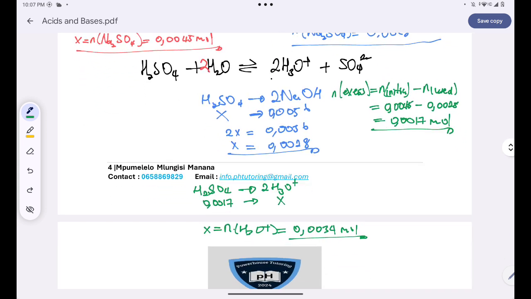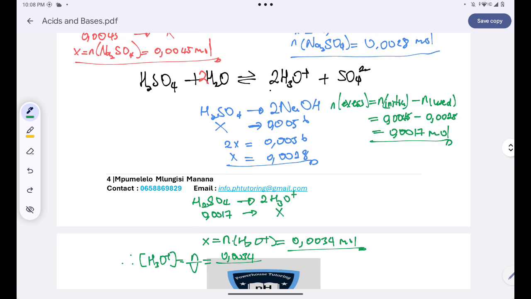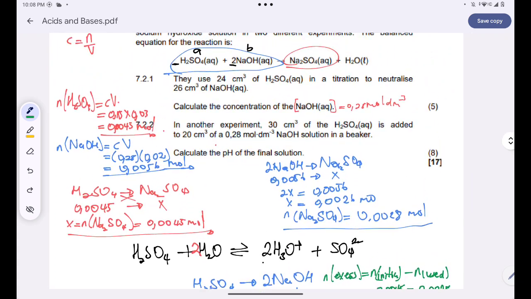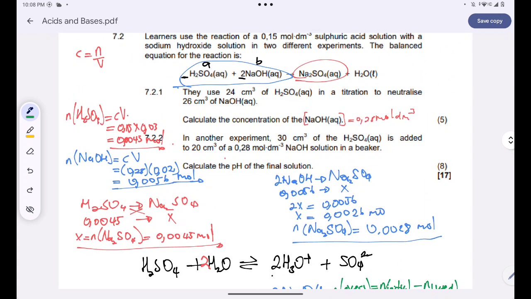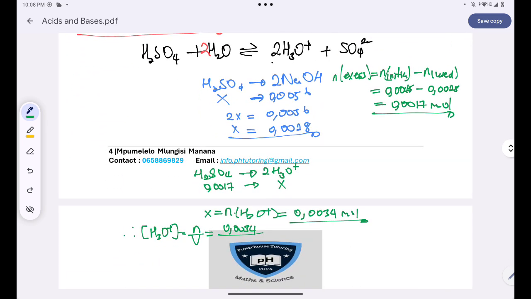Alright, together. So for me to find the pH, I must find the concentration first. Concentration of my H3O plus ions is number of moles over volume, so it's 0.0034 divided by the total volume of the solution. Remember that I've added 30 cubic centimeters and 20 cubic centimeters of the acid and the base respectively. So the final solution has a volume of 50 cubic centimeters.